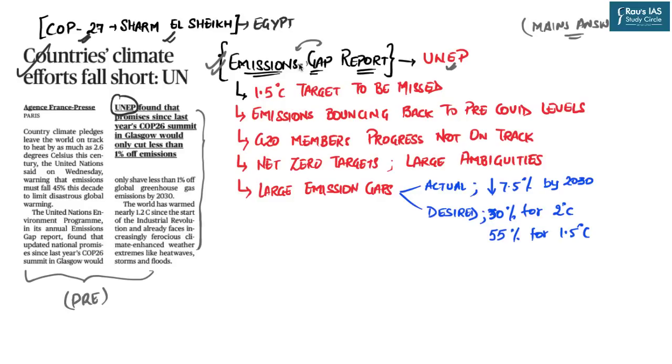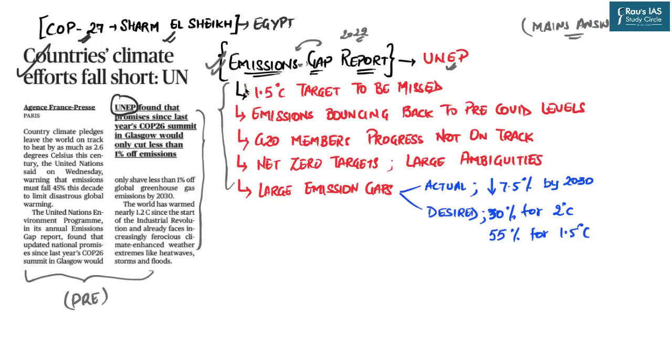So this report is basically a critical analysis of the various steps of various countries in the domain of emissions control. And this report of 2022 has come up with certain key findings which are relevant from our examinations point of view also.